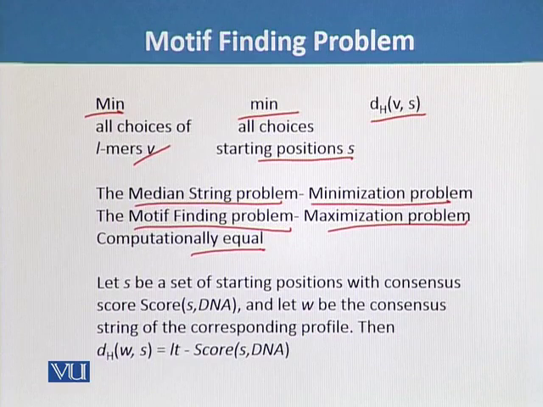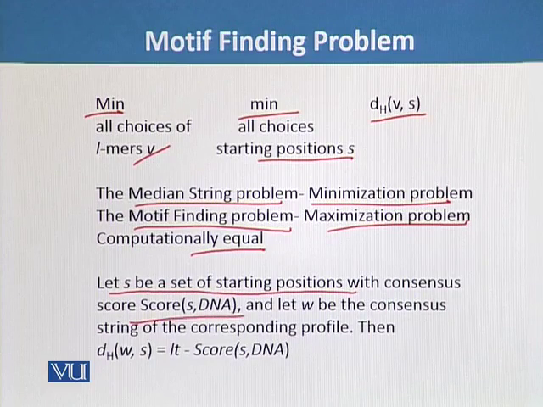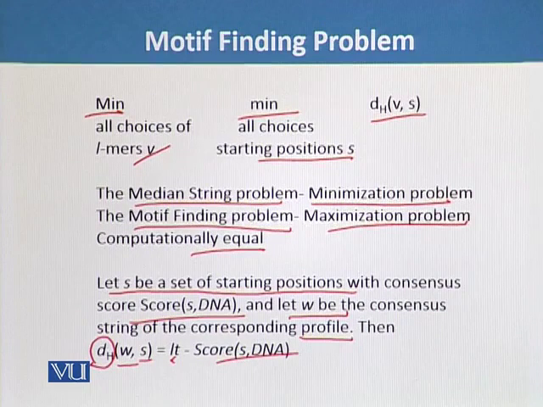For example, we assume S to be the set of starting positions with consensus score of S, DNA, and let W be the L-mer string of the corresponding profile. Then the Hamming distance W, S will be L times T minus score S, DNA.